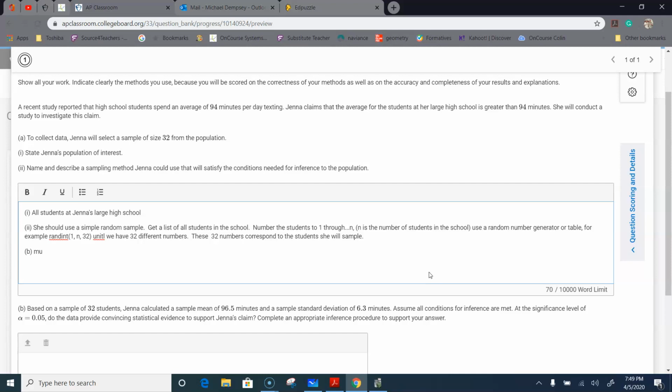So first thing I'm going to do is say that mu equals the true mean number. Right, so I've stated my parameter of interest. That's step one.